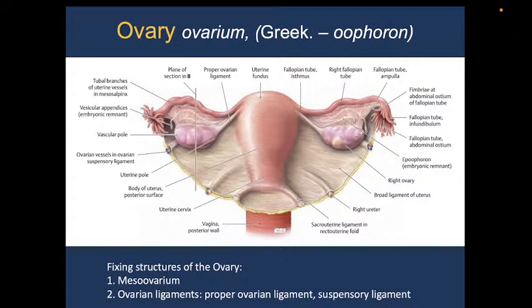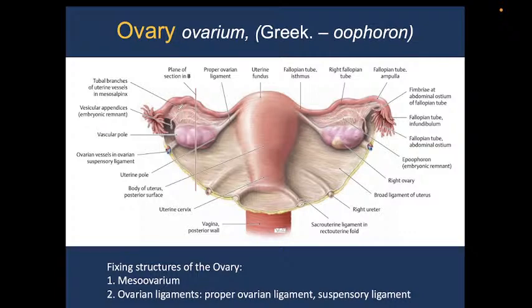And each ovary is stabilized by the mesovarium and by the proper ovarian ligament and suspensory ligament as well. So there are 3 fixing structures for each ovary.